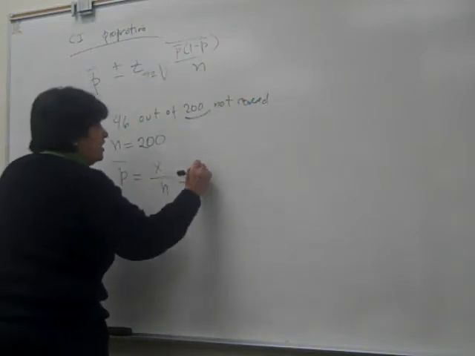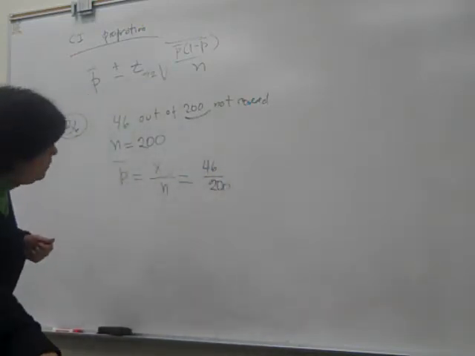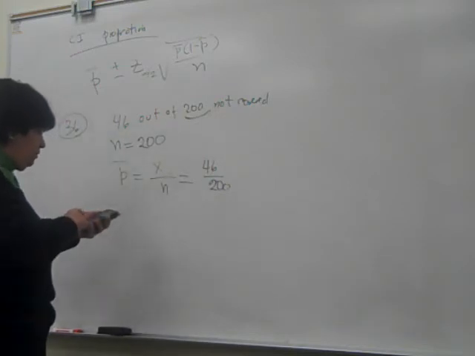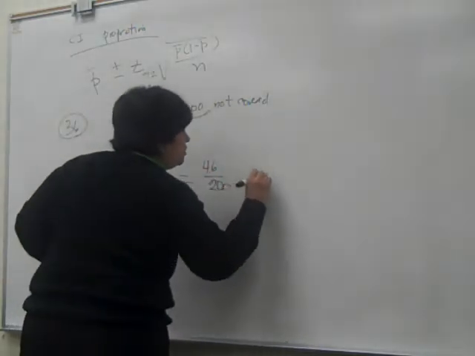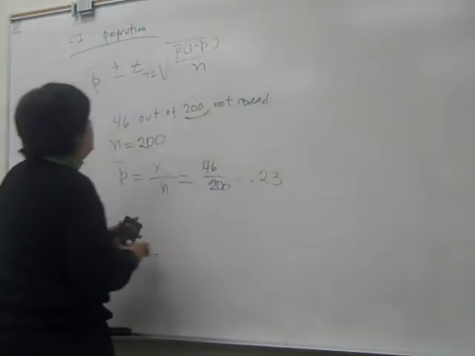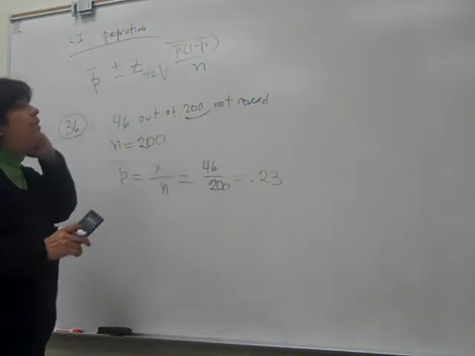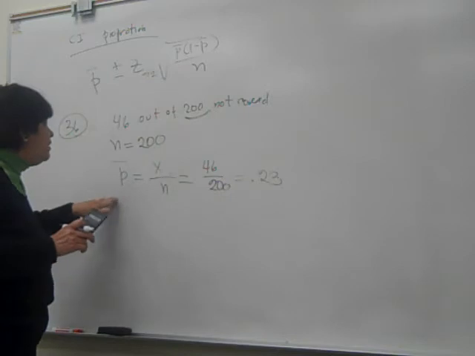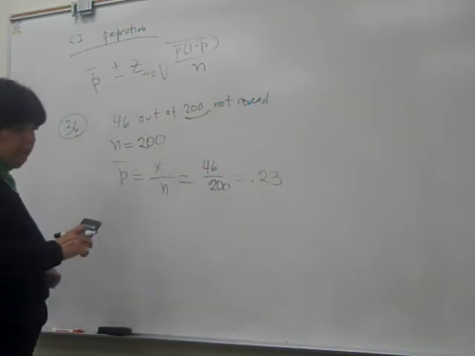It's 46, 46 out of 200. So P bar is equal to 0.23. We compute the value of P bar, that is my proportion for the sample.